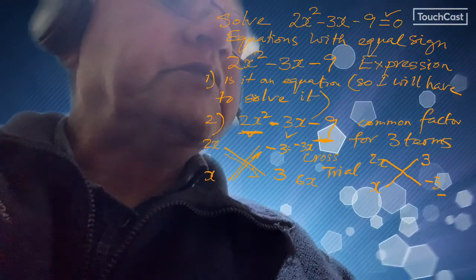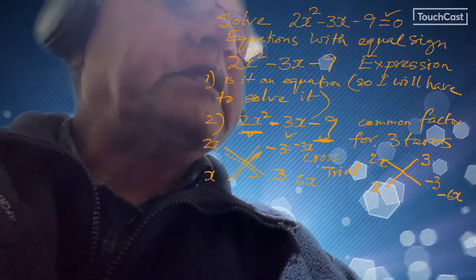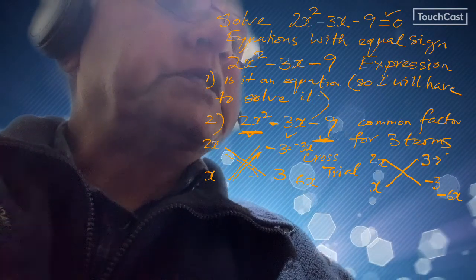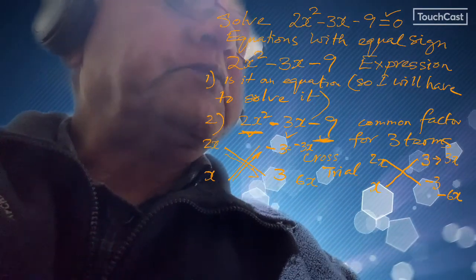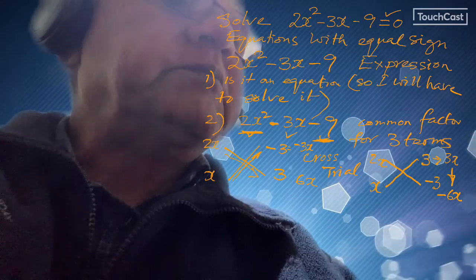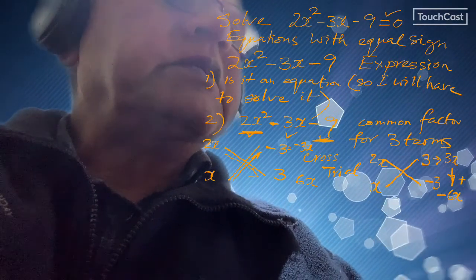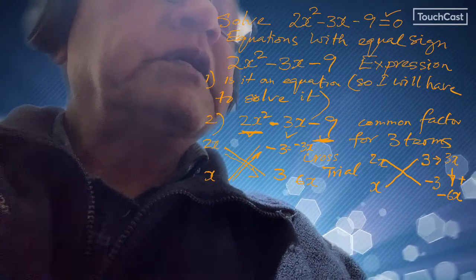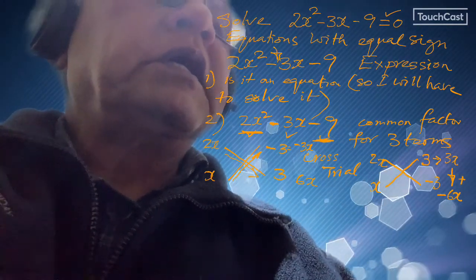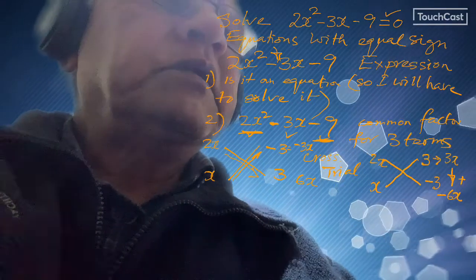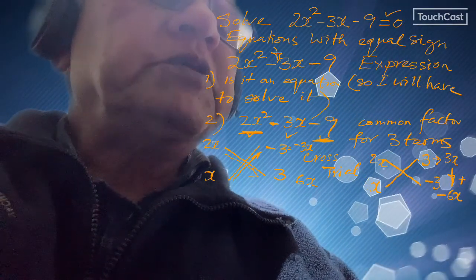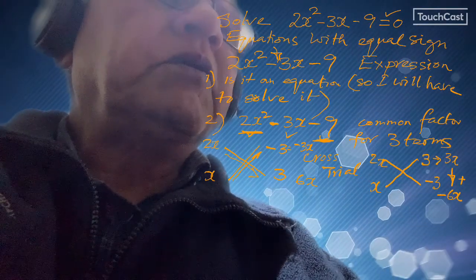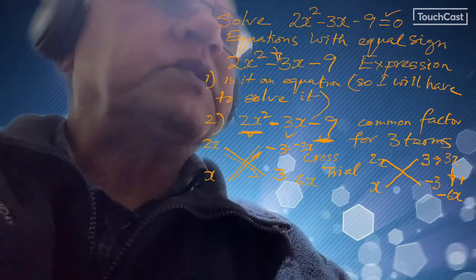That gives me negative 6x, and that one would give me positive 3x. Now if I add them together, that'll give you negative 3x, which if I compare with this, well, it really works.